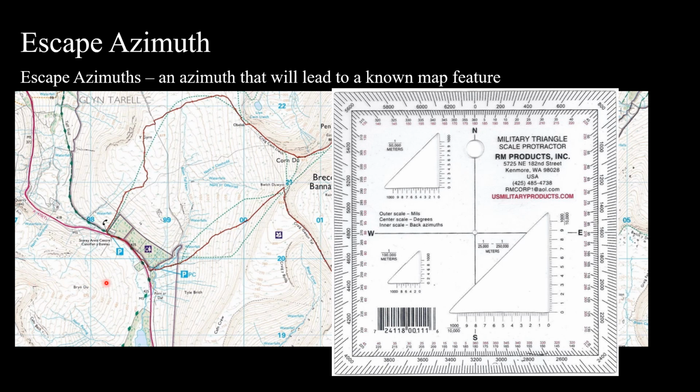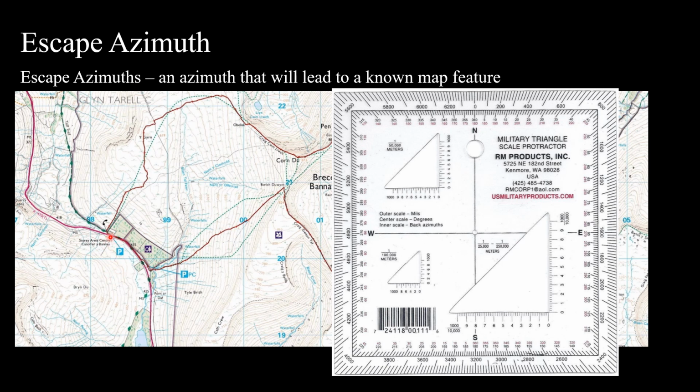Another one might be north, or maybe just a northeast, but just kind of having a number in your head that, hey, if I am generally over in this area and I point my compass directly east, I'm going to walk into a road, or maybe directly north, depending on which way you came.